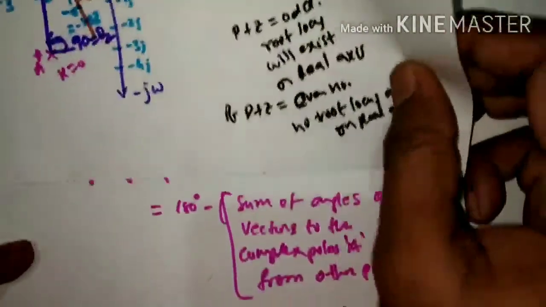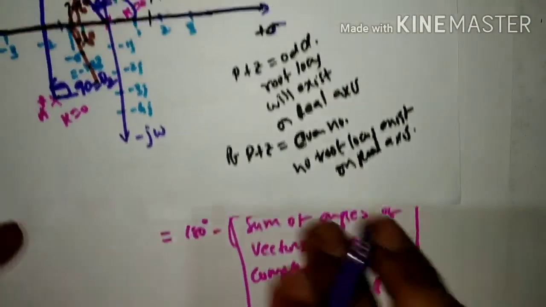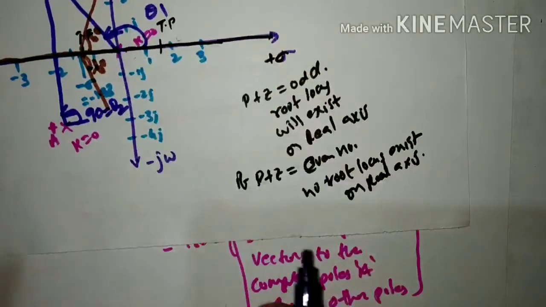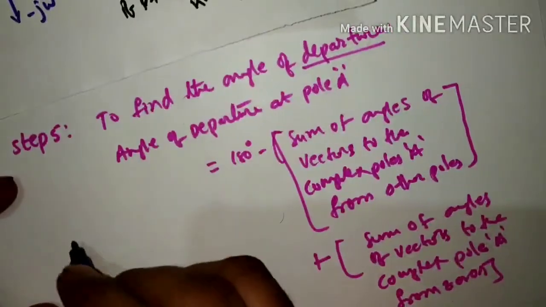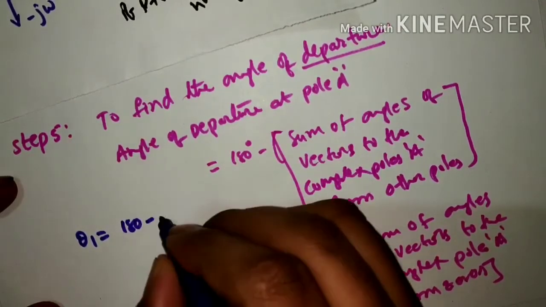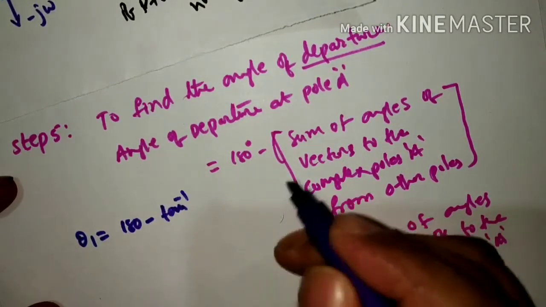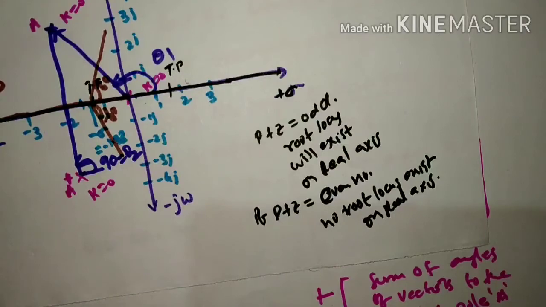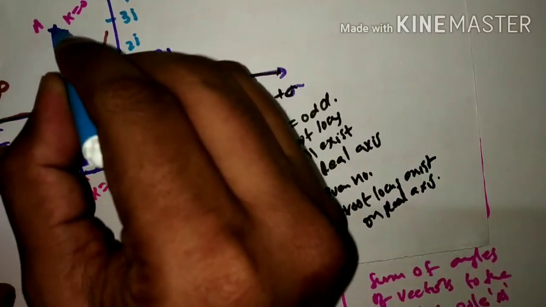If we take here, what is theta 1? Since this is 180, we are going to subtract from 180. So theta 1 is equal to 180 minus tan inverse of imaginary part by real part. What is the imaginary part?